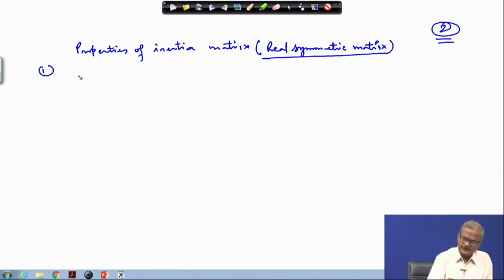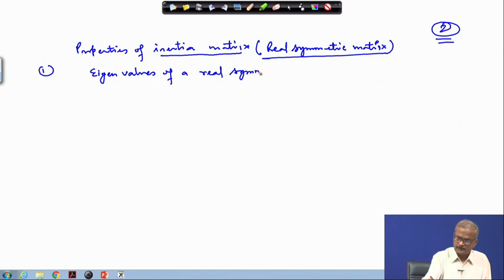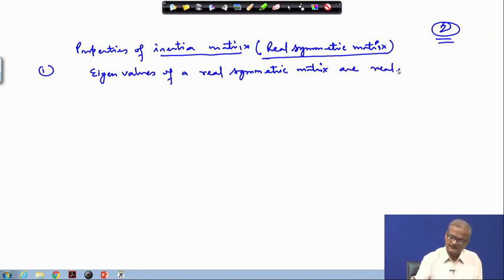So, basically, what I am going to write are the properties of the real symmetric matrix, and because our inertia matrix also is a real symmetric matrix, all those properties will apply. Eigenvalues of a real symmetric matrix are real, because inertia cannot be a complex quantity, it is a physical quantity.